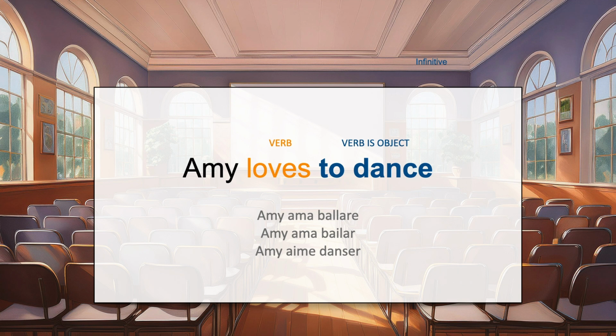But in this case, you would have to drop the E first. So it would be Amy loves dancing. Good job. If you did not see that lesson, go back to lesson 8.1. But let's continue with the to verb form. That is the infinitive form.